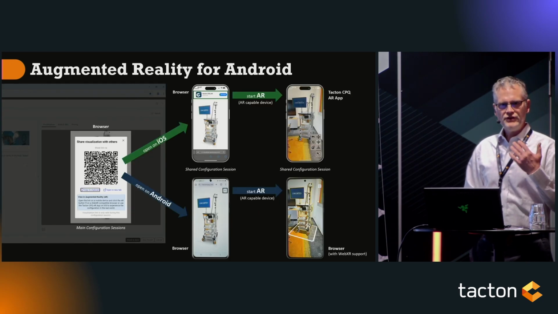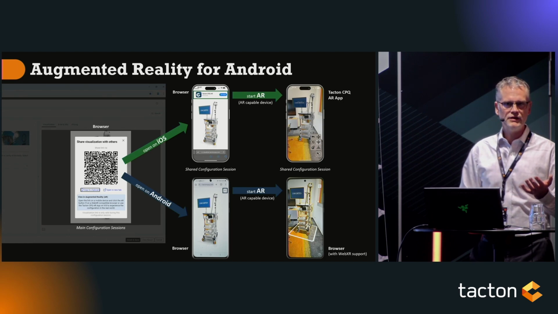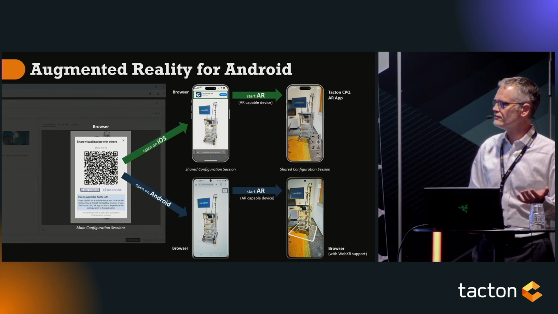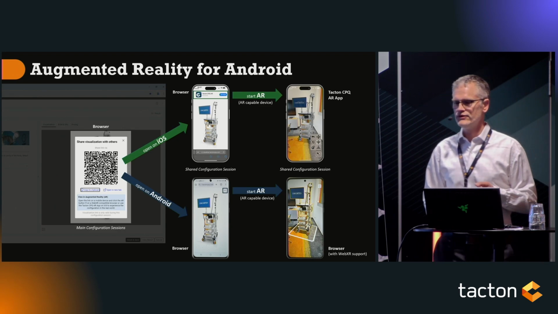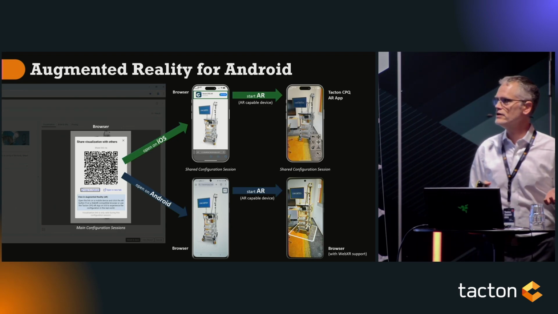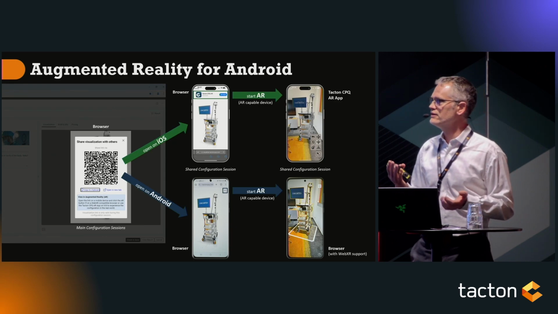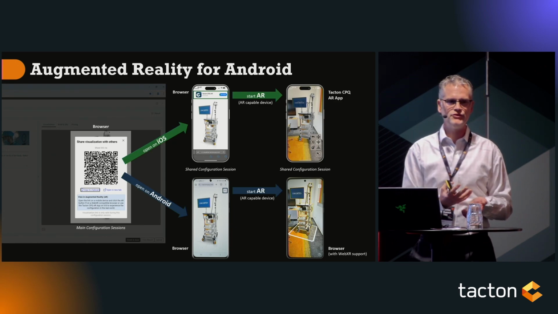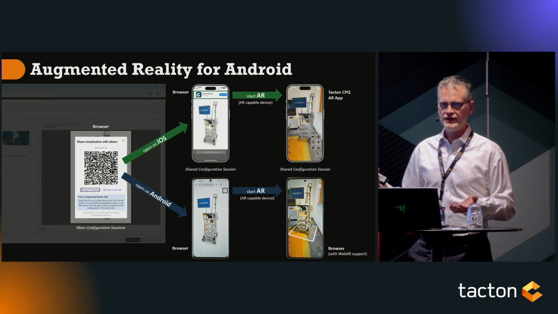There are some differences when it comes to what type of device the end customer will use. If they're on an iOS or Apple device, they can see the visualization in a browser. But if they want to use augmented reality and see the equipment placed in their facility, they need to use an AR app. That's a Tacton app.